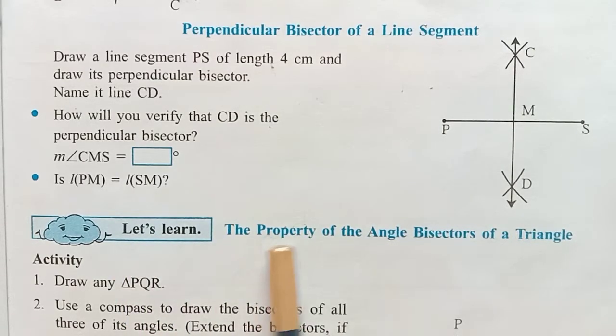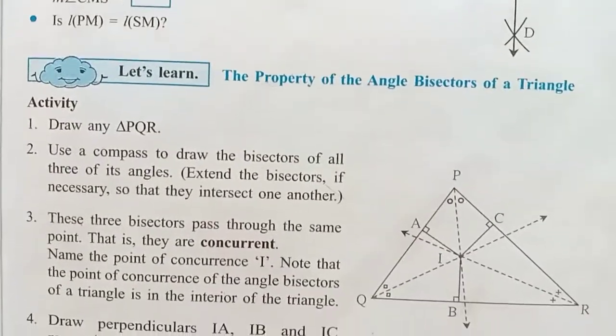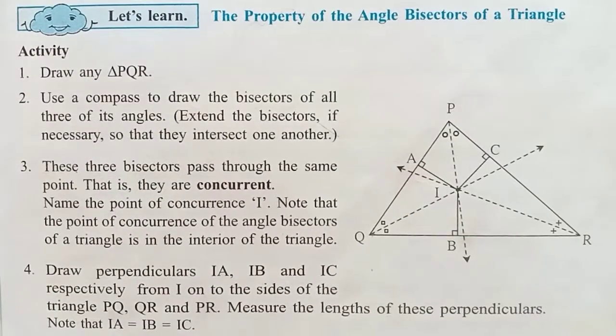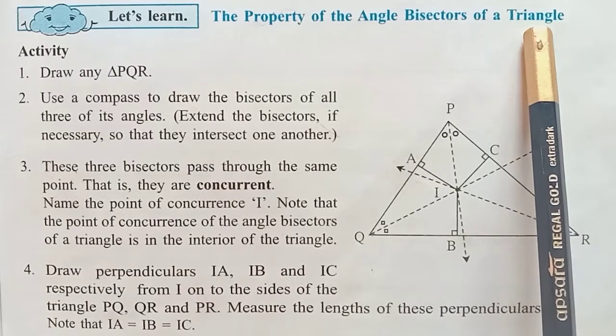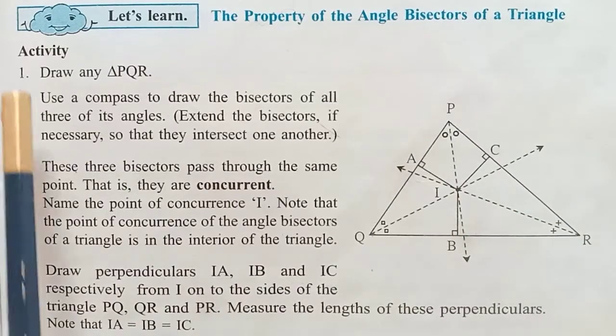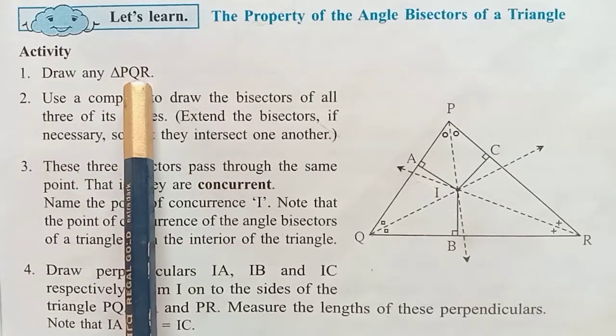Now let's learn the properties of the angle bisector of a triangle. Activity. First, draw any triangle PQR.